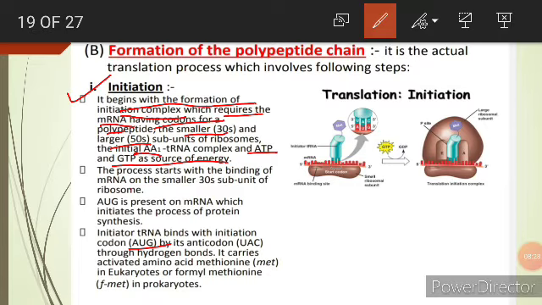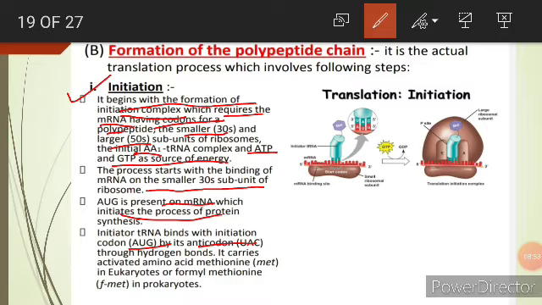The process starts with the binding of mRNA on the smaller ribosomal unit, that is 30S, and then the AUG present on the mRNA initiates the process of protein synthesis.